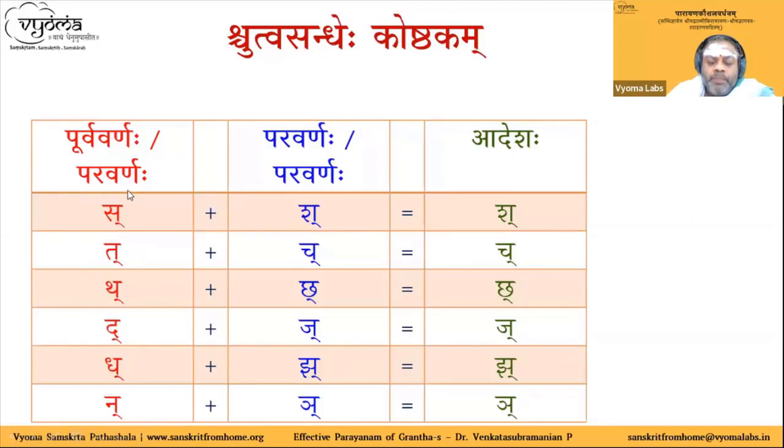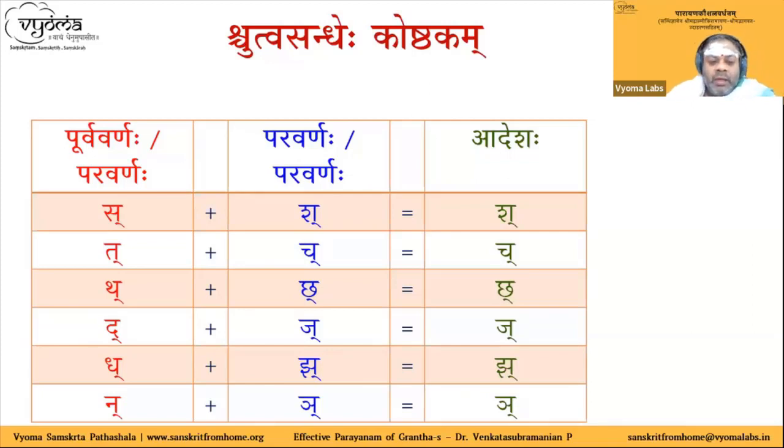So the first thing in this table you have to notice: Sakara in front of any letter on the right hand side, which is Sha, Cha, Chha, Ja, Jha, Nya, will give Shakara. This is what we should first understand.